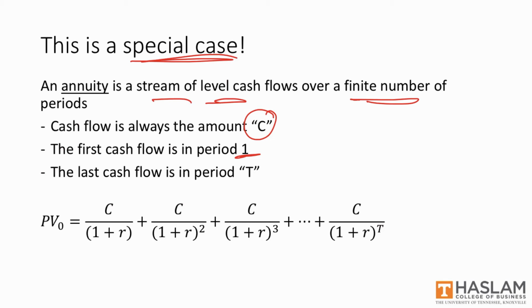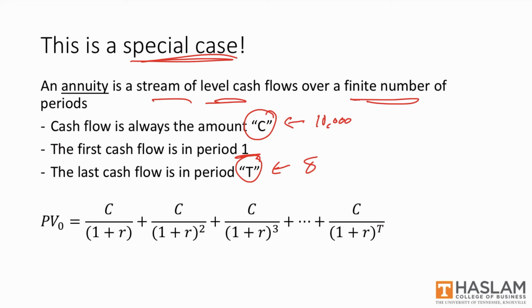And then finally, the cash flows only occur over a finite number of periods. And so we'll say the letter capital T is the total number of periods for the cash flows. And so in our example, C is 10,000 and T is 8.